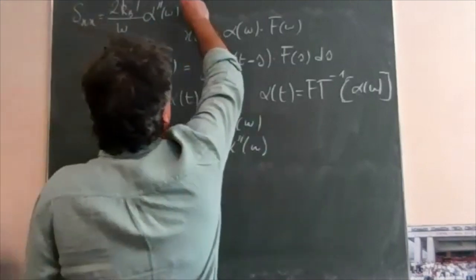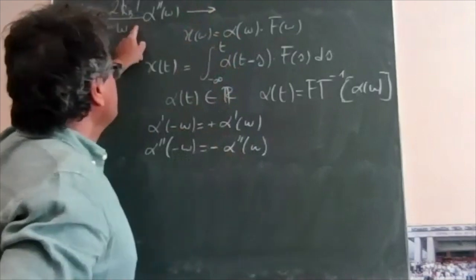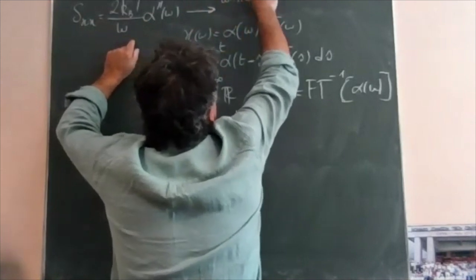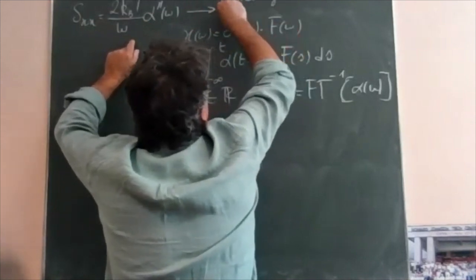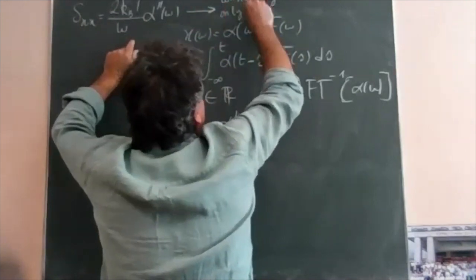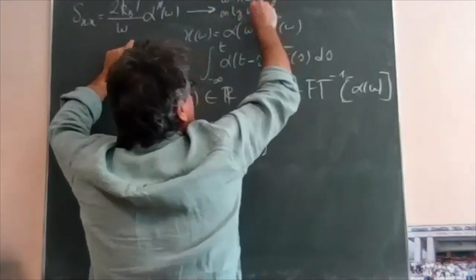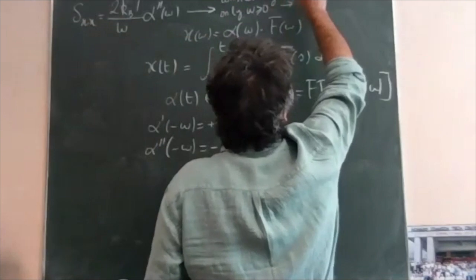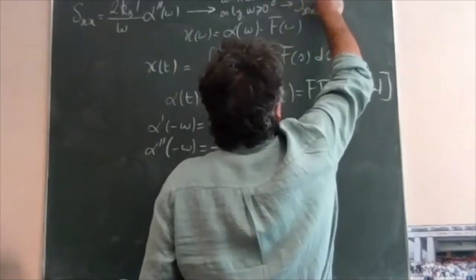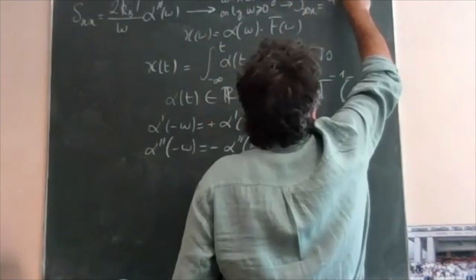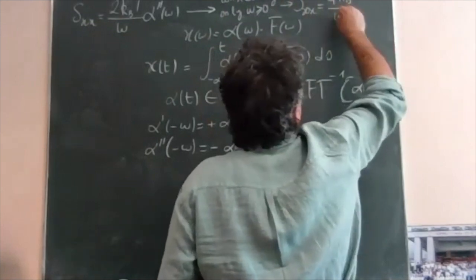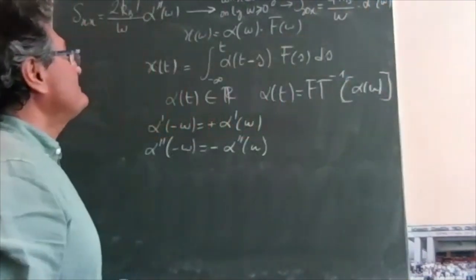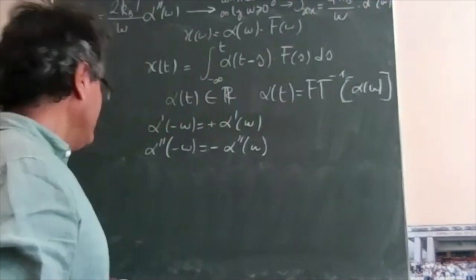So we can move from this expression to considering only positive omega. So we have the expression Sxx equal to 4 kBT divided by omega times alpha second of omega. Great.